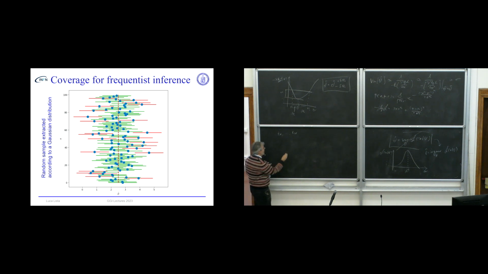We write the likelihood function, which is equal to the product of the probability density for each one, because these are independent measurements.